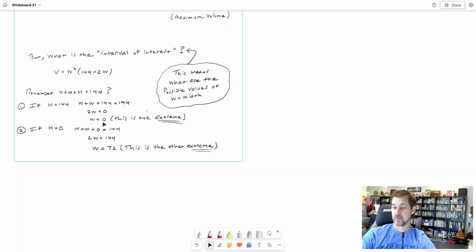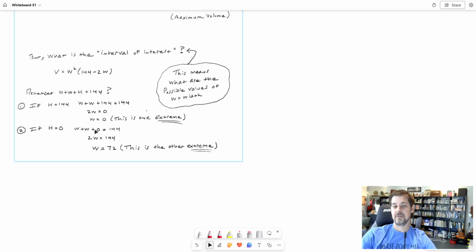Okay? All right. And then what's the other extreme for the height? Like, I'm saying push the height all the way up. You can only get to 144. All right. Push it all the way down. How far down could you push it? I guess to 0, if I push it all the way down to nothing.